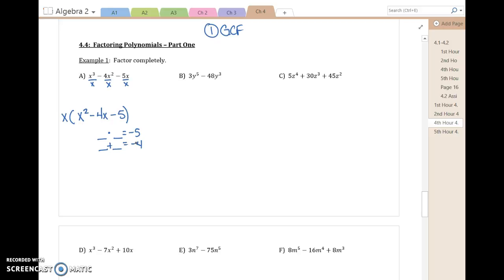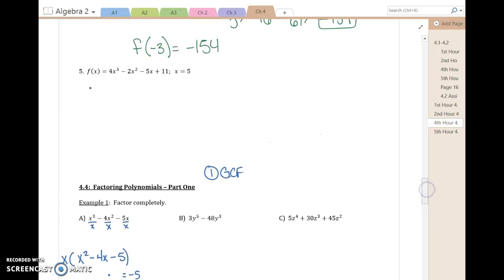I don't remember. Check out what happens if you just pick two random numbers, like 2 and 3. X plus 2 times x plus 3. If we were to multiply that out, we would get x squared plus 3x plus 2x plus 6.